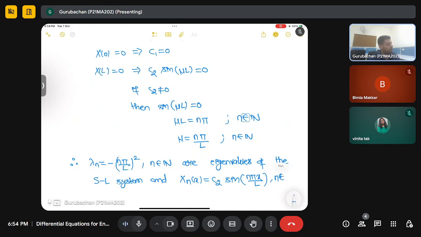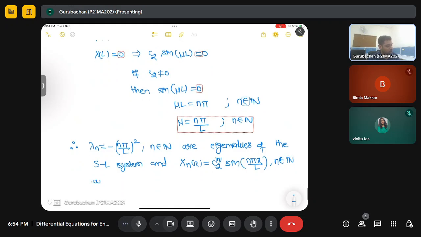So we may write C2n. These are the corresponding eigenfunctions. So only the lambda negative case gives you some eigenvalues and eigenfunctions.